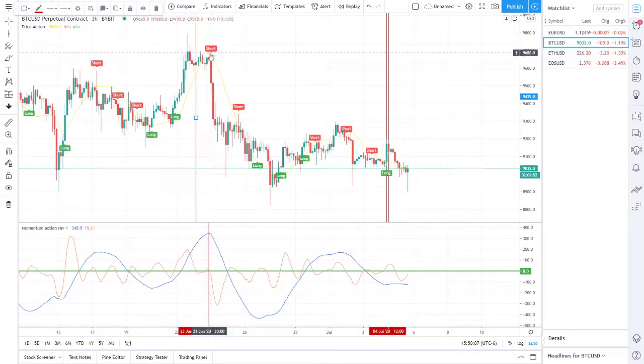This will be more significant evidence of breaking down, and the price will continue down. Maybe it's a kind of divergence between the indicator and the price. So this way you can see this moment how the price is going down.